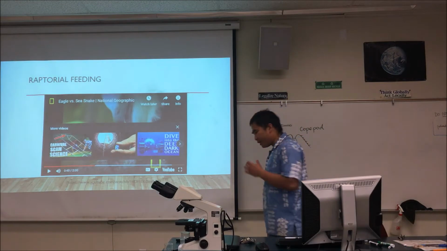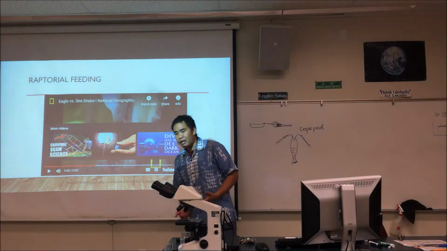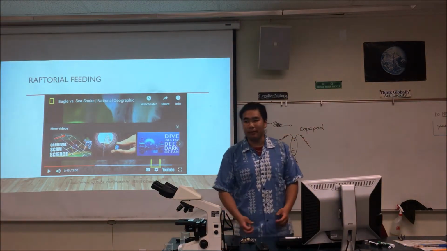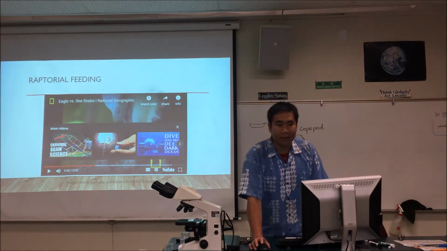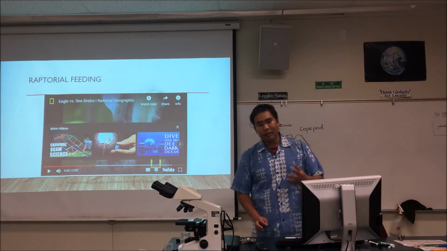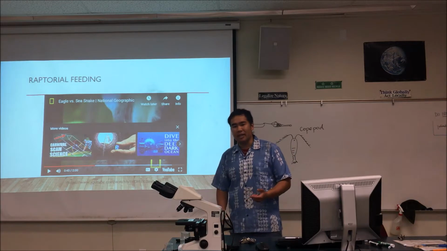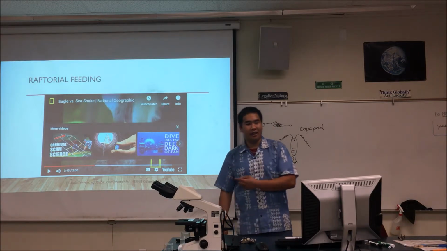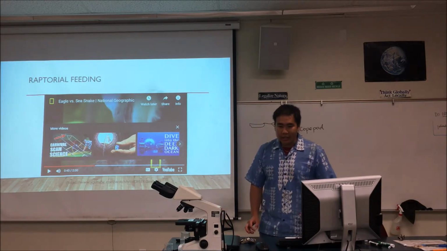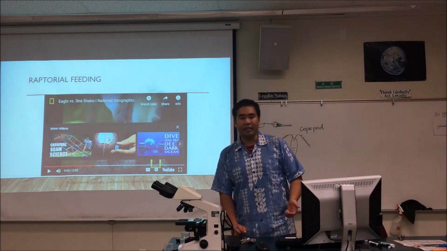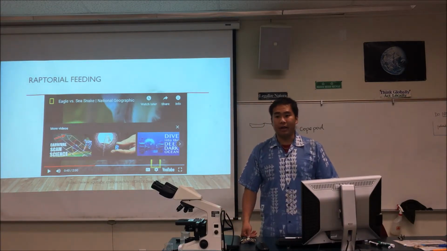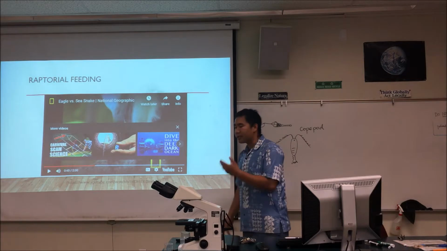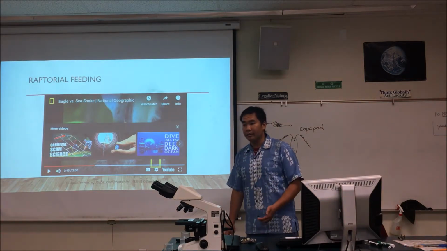Okay, so this video has highlighted a couple different concepts that we all talked about before. First, let's talk about the sea snake, a marine reptile. What was the problem with the marine reptile that led to its death? Having lungs, okay? Having lungs in the ocean is not a good idea, leaves it vulnerable at the surface. And we talked about its maximum dive time being limited because of this.